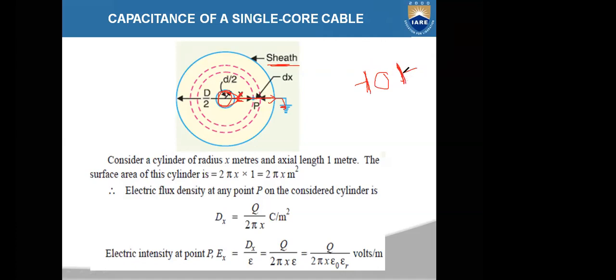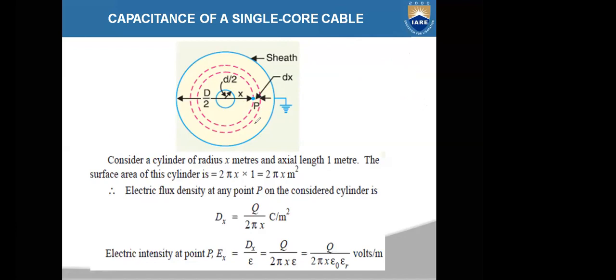Between the two plates the medium is the insulation, which may be impregnated paper or varnish, whatever the material. This insulating or dielectric material forms a capacitance. Now you have to calculate the capacitance value of this cable.